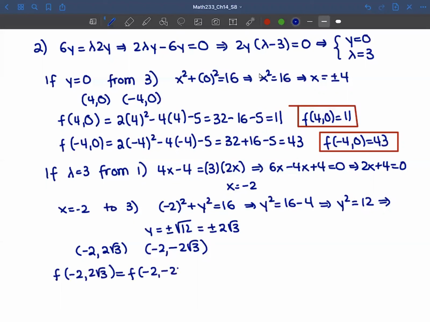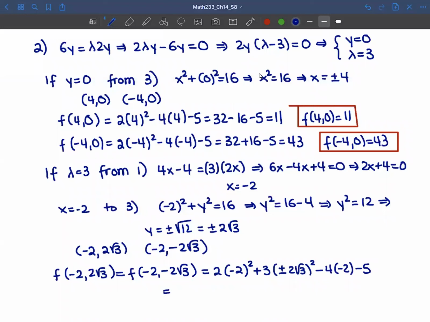And this is equal to 2 times (-2) squared plus 3 times either plus or minus 2 square root of 3 squared for the y, and then minus 4 times (-2) minus 5.